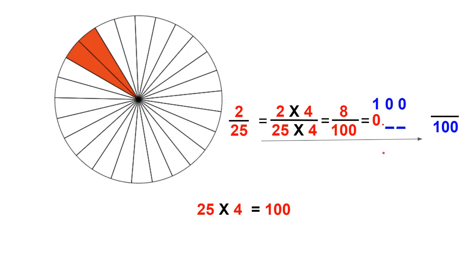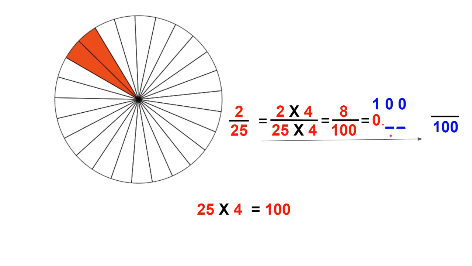But what do we do now? If we put the 8 here, it won't be true. So if you have more placeholders than digits in the numerator, you start placing the numerator from the right-hand side. So in this case, you place the 8 here, and the rest of the placeholders are filled with zeros.